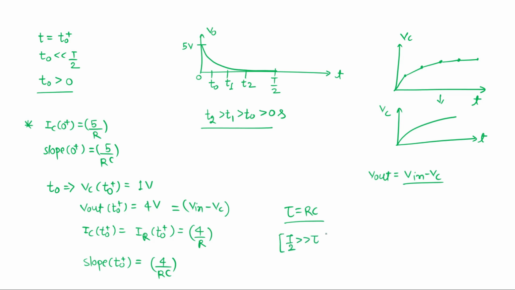It means my capacitor reaches the maximum value of 5 volt very early. If the capacitor reaches 5 volt very early, then my Vout will also reach 0 volt very early, in comparison to T by 2.